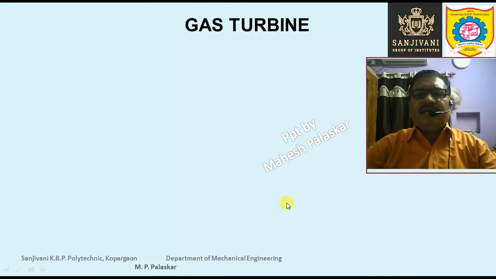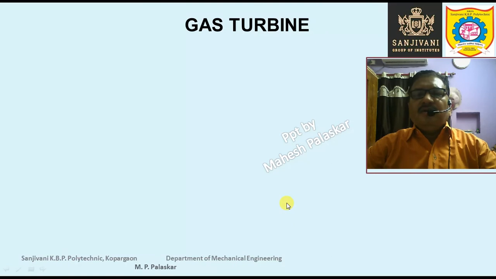But in case of gas turbine, compression takes place in a different device known as the compressor. Then we have a separate combustion chamber for the combustion of the fuel, and the expansion takes place in the gas turbine, which is also separate.